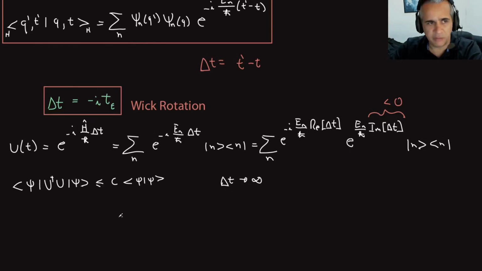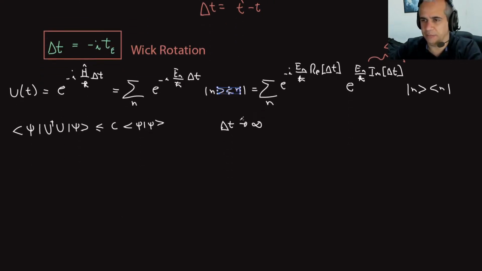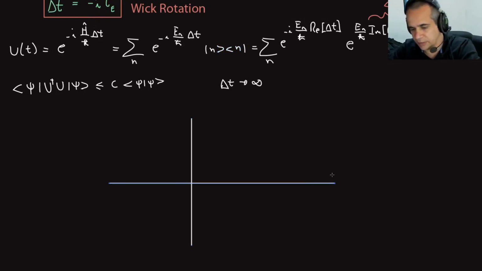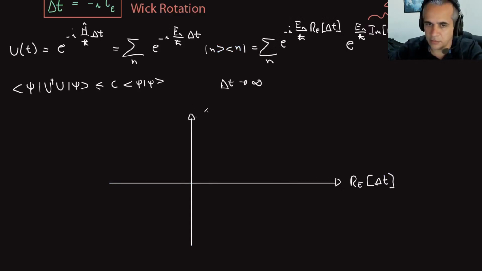So if I put that on the complex plane, that's the real part of delta t, that's the imaginary part of delta t, and the condition I'm finding is that if I start with delta t positive, the energy is positive by definition here.